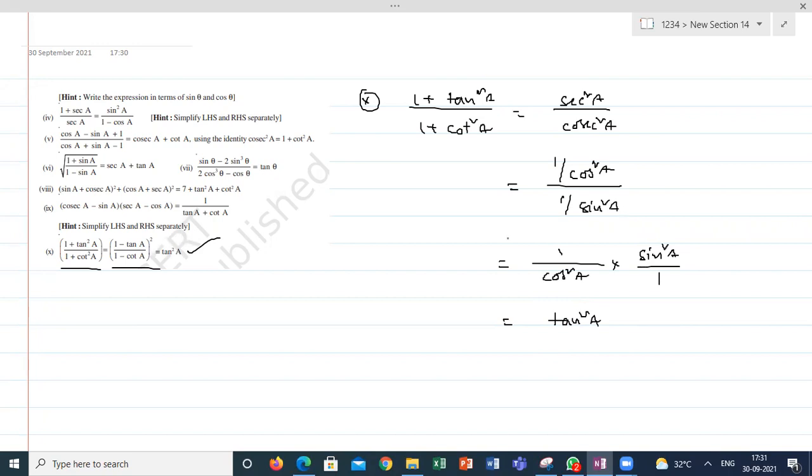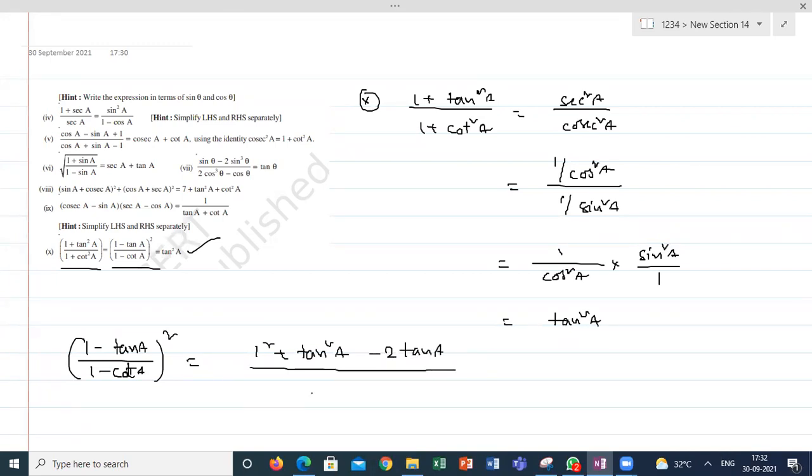So that is done. I'm taking one more expression, ((1 minus tan A) by (1 minus cot A)) whole square. You can expand and you can prove: (1 square plus tan square A minus 2 tan A) divided by (1 square plus cot square A minus 2 cot A).